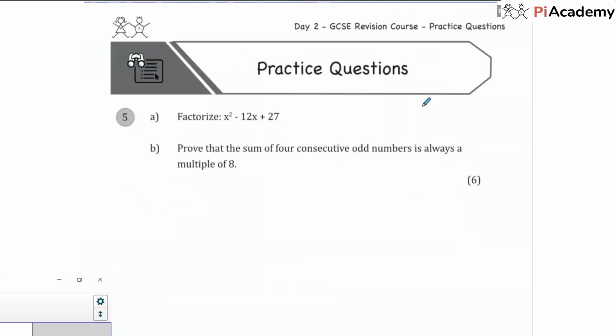Here we go. Factorization. I want you to factorize. This is a bit longer question, so you can take about 3 minutes for this. Go ahead. Both of them you can finish in 3 minutes.